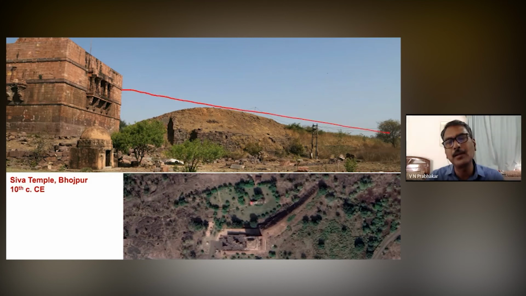You can see the ramp here, which, had it been complete, would have corresponded to this portion where it was left incomplete. They were transporting the heavier elements up this ramp to reach the top. So this is the mode of construction, moving the heavier architectural elements through a ramp to the top of the temple.